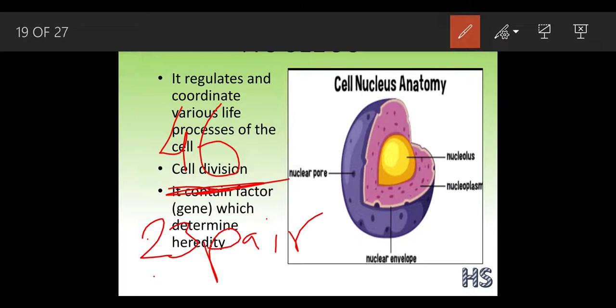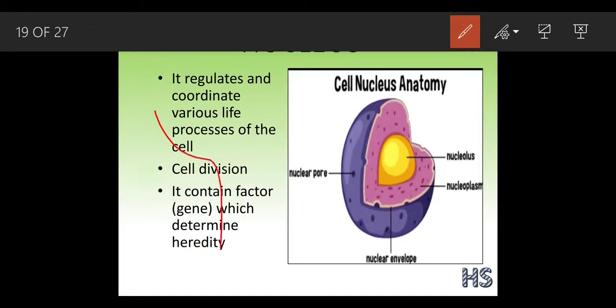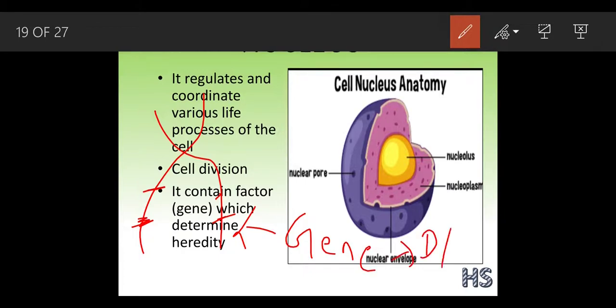Now, I said something about the gene part. These chromosomes have some specific hereditary units on them. They are called genes. That gene is made up of DNA. You have already heard this word many times before, DNA.